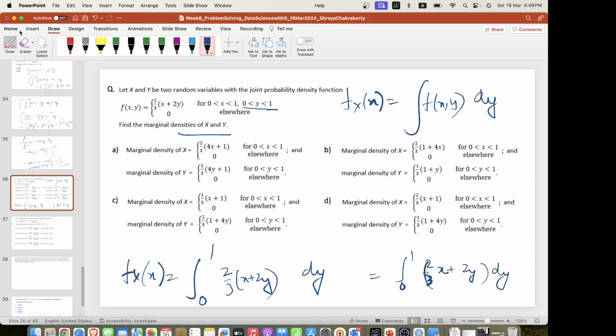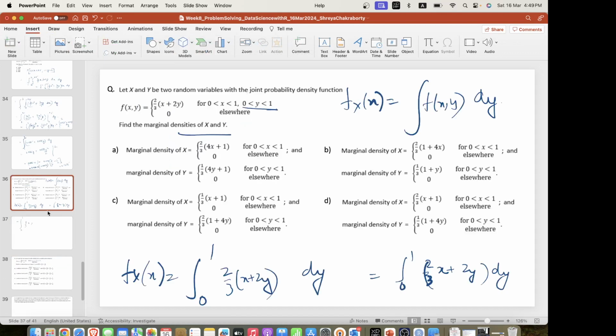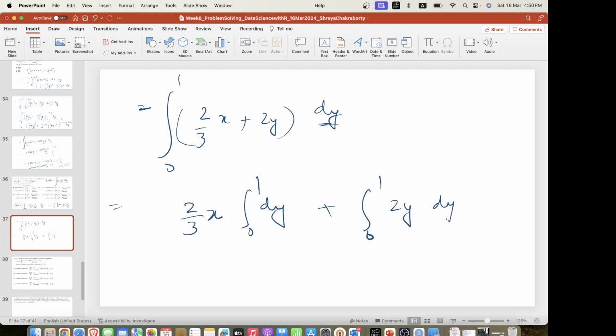Okay, so then what will this be? 0 to 1, 2 by 3 x plus 2y dy. So this would be 2 by 3 x, 0 to 1 dy, because x is common and we are integrating over y. This is a constant term, so it will come out, plus 0 to 1 2y dy.